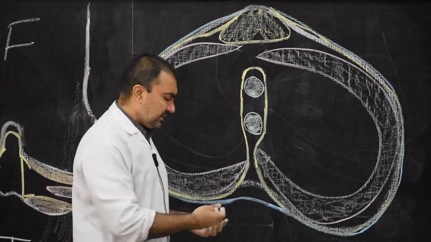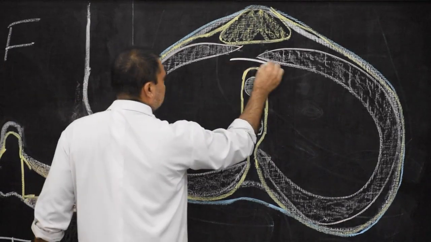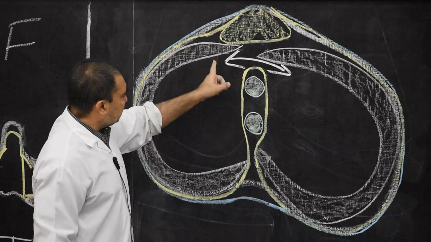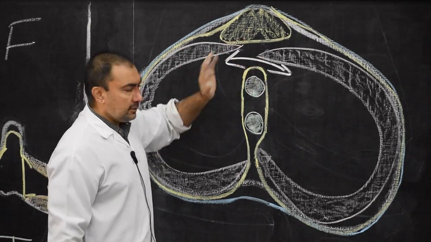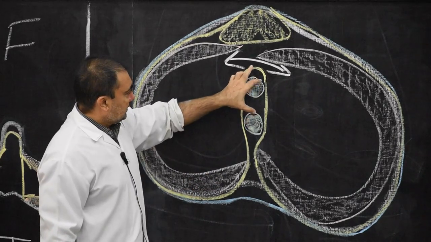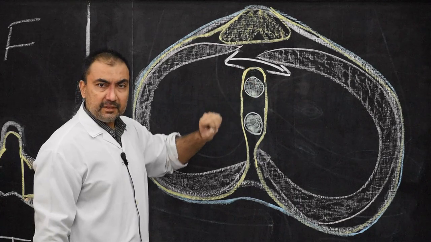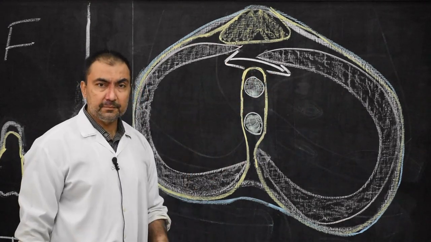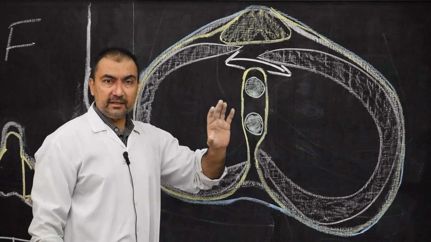Now present here, anteriorly, if I show, this is the intercondylar foramen. Now this intercondylar foramen is present in front of the cul-de-sac of synovial membrane, in front of the anterior cruciate ligament. So this intercondylar foramen will help in communication between medial and lateral condylar joint cavities.